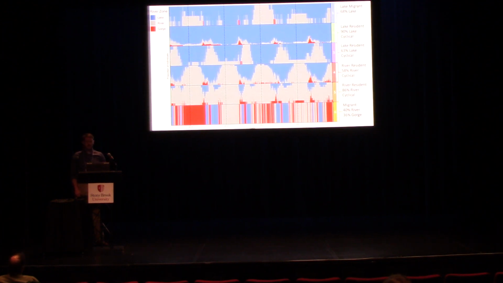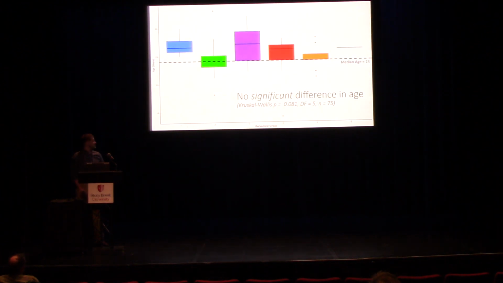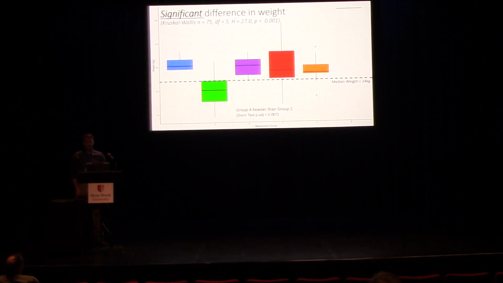So we wanted to figure out the reasoning behind these behavioral patterns. The first thing we looked at was age, and there is no significant difference in age. The next thing we looked at was weight, and there's a significant difference.